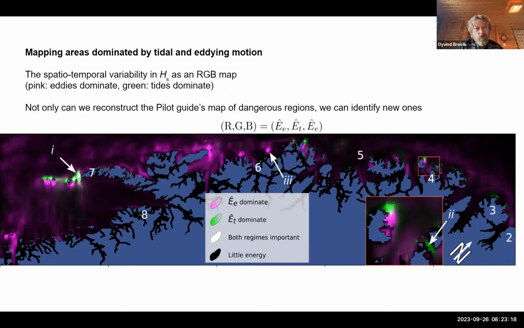And in fact, we can not only reconstruct the pilot's guide, we can identify the areas that have been empirically found to give rise to dangerous sea states, but we can also identify quite a few new ones that were not really identified. And among those is a number of those listed on this map.